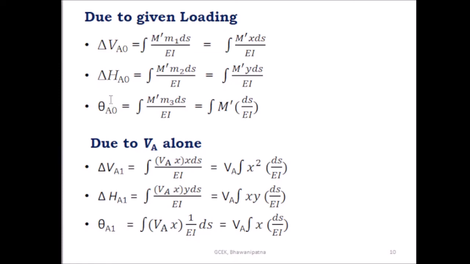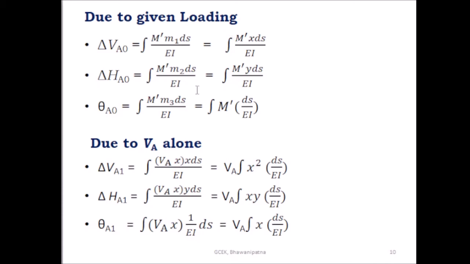Then find out the rotational displacement due to the given loading: theta A0 is equal to integration of m dash m3 ds by EI, but you know m3 is equal to 1. So after putting m3 as 1, the equation becomes integration m dash ds by EI. So this is the vertical displacement, this is the horizontal displacement, and this is the rotational displacement due to the given loading.